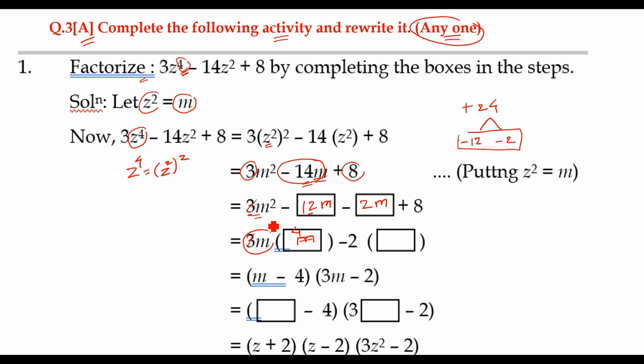So this will be 3m, m minus 4. Here we can take 2 as a common factor. We can elaborate this step also in this way.